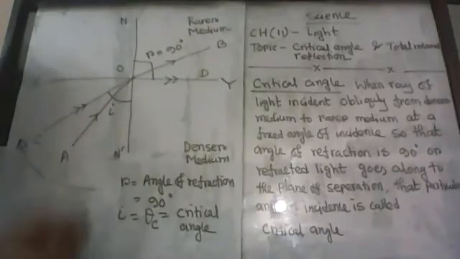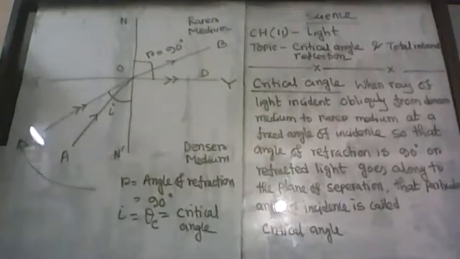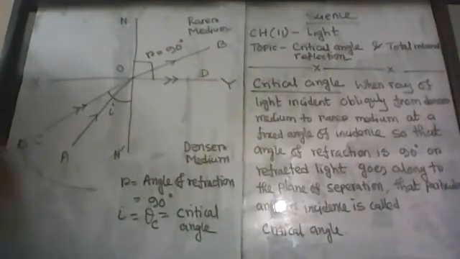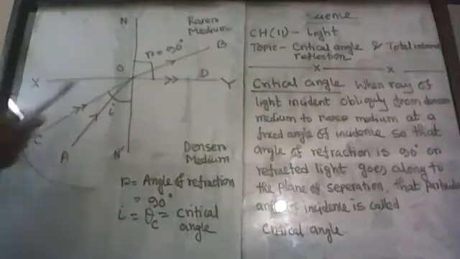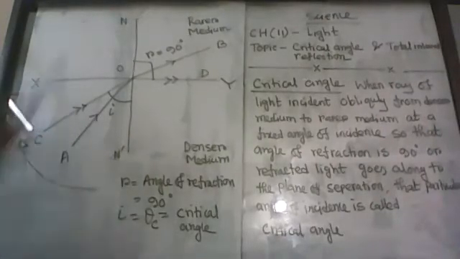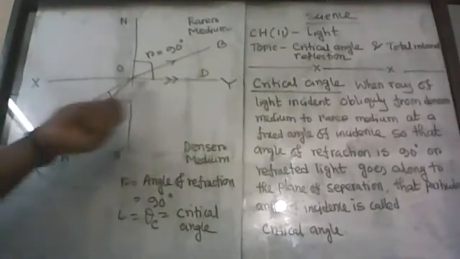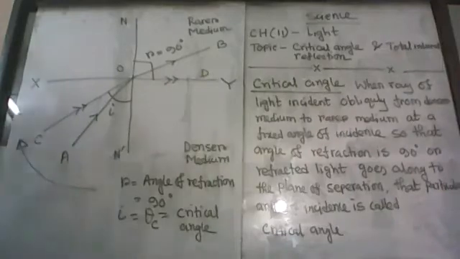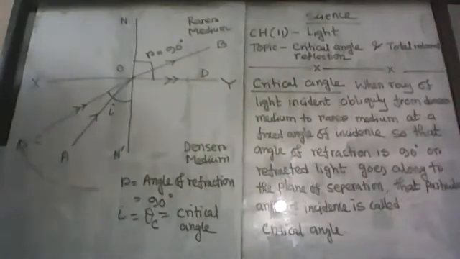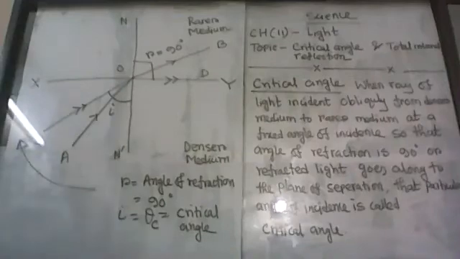This critical angle indicates that for this particular angle of incidence, the ray of light goes along the plane of separation, so along OD or along OY. For this particular angle of incidence in the denser medium, the angle is known as the critical angle. Now, boys and girls, does anyone have any confusion about the critical angle?